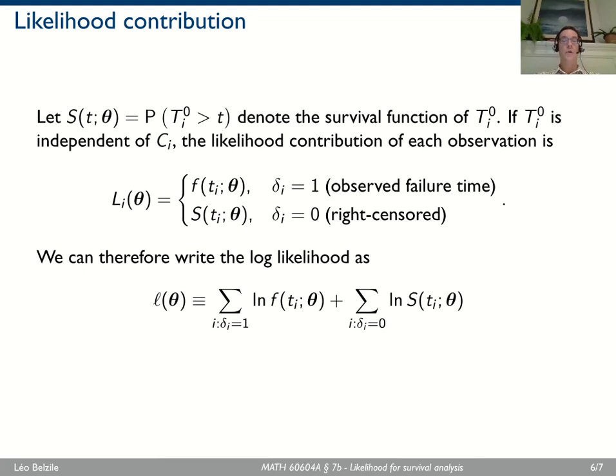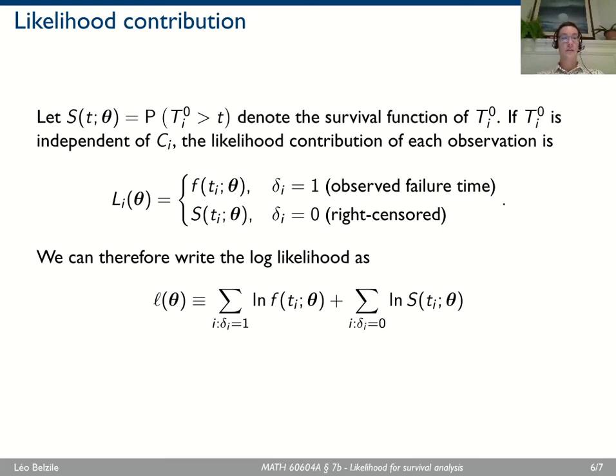So I can break down my likelihood into these contributions. The log likelihood is the sum, for independent observations, of the contribution of the people who failed that I've observed, and the contribution of the people who are right censored. And right censoring is much less informative than the actual observed failure time.